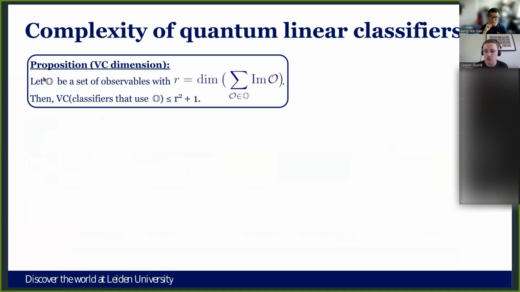And we define a quantity R. The quantity R is the dimension of the sum, not the direct sum, really the sum, where in a direct sum you subtract overlap, and in a sum you don't do that, of the images of the observables inside my family. And this quantity R, when I square it, is an upper bound on the VC dimension.